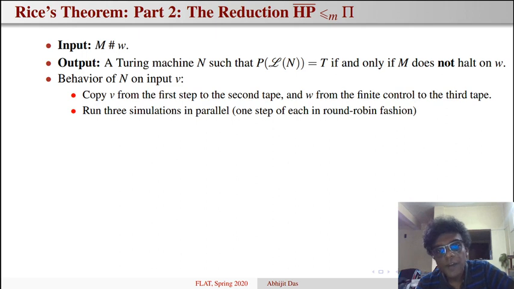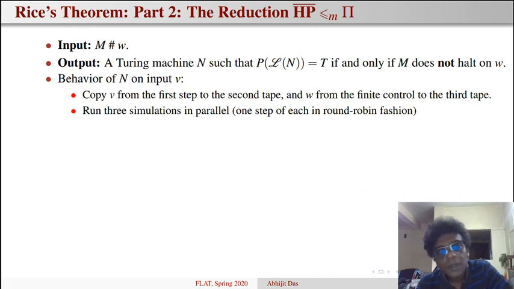In a round robin fashion, N will simulate M1, M2 and M. First it will go to tape 1 and run one step of M1, then go to tape 2, one step of M2, then go to tape 3 and one step of M on W. This keeps on repeating: M1, M2, M, M1, M2, M.